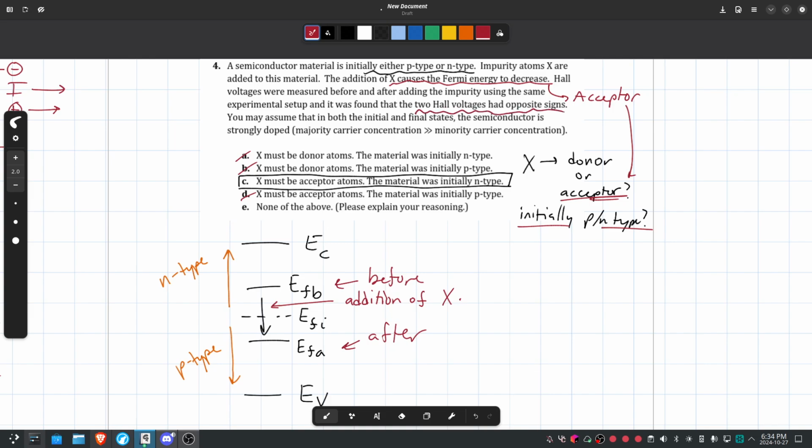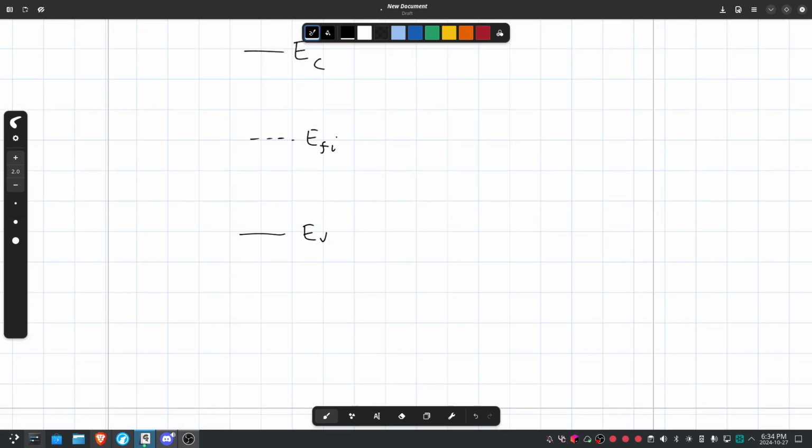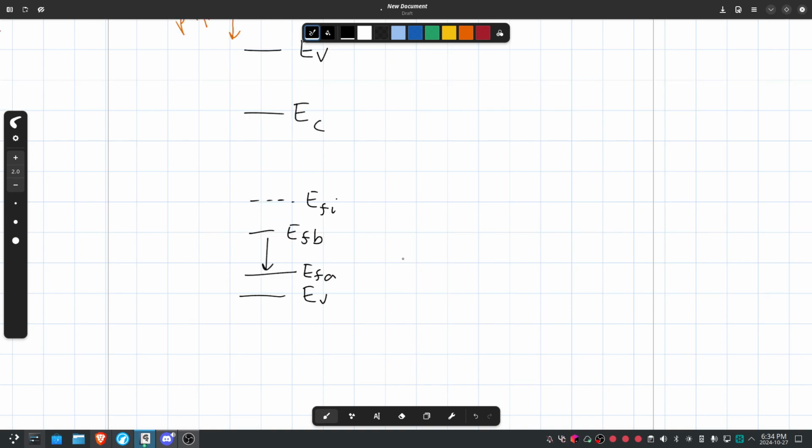had opposite signs. Let's suppose that it was initially P-type. So this is EF before, and we add more acceptors, it just becomes more P-type. And likewise, it's possible that it was initially N-type, and we add more acceptors, and it still remains N-type. It's going to be less of an N-type, but it's going to be N-type still.